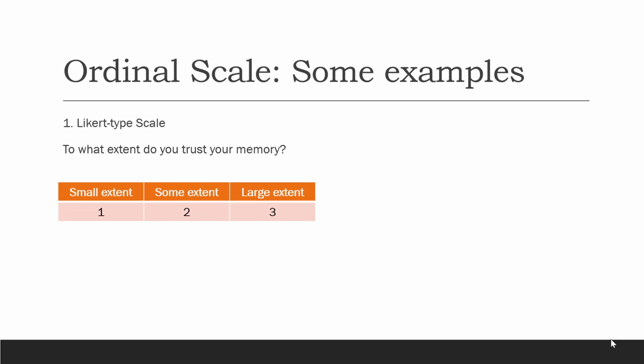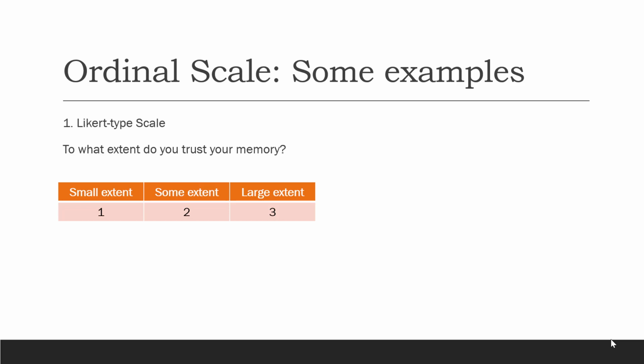We can conceptualize small extent, some extent, large extent, symbolized by code number 1, code number 2, and code number 3 here, as a Likert type scale. We know that a true Likert scale starts with 1 strongly disagree, 2 disagree, 3 neutral, 4 agree, and 5 strongly agree.